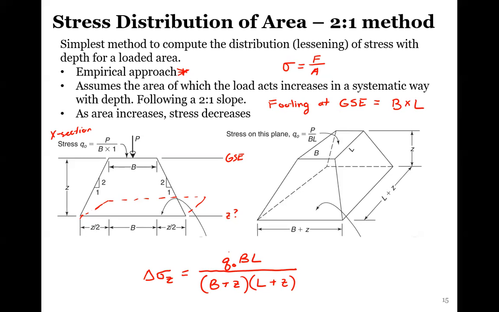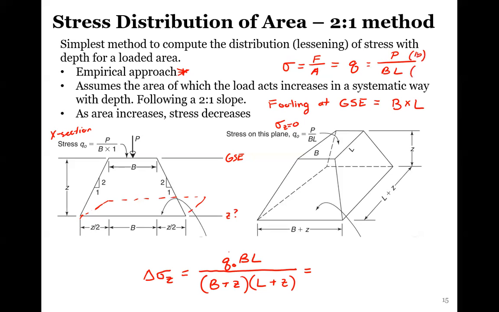So in this Q times B times L, Q is the stress at the surface. This is the same as saying sigma at Z equals 0. That's what our Q is equal to. So what we could also say is that Q times the area, which is B times L, is our structural load P. P is in pounds or something, right?